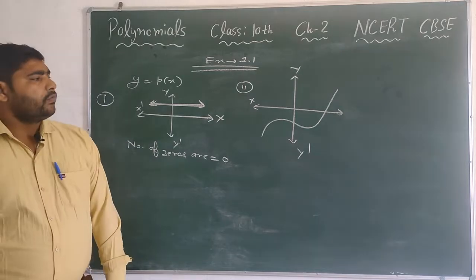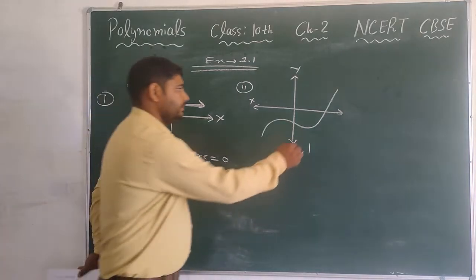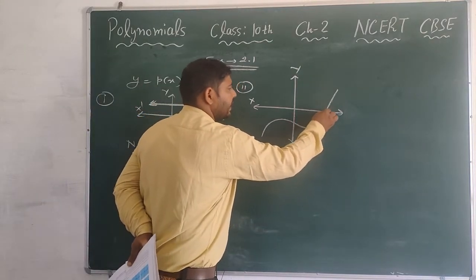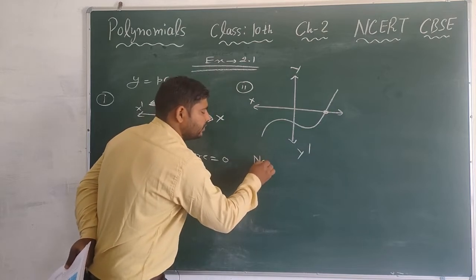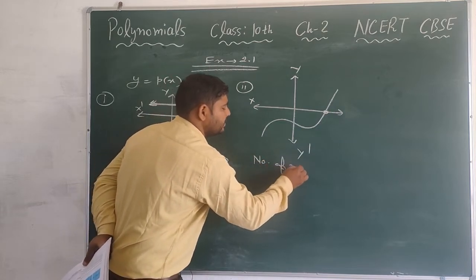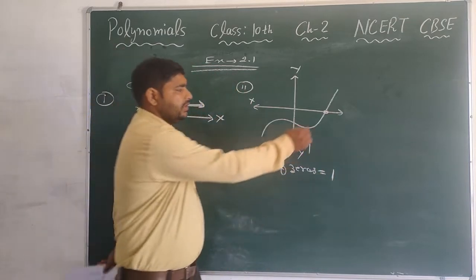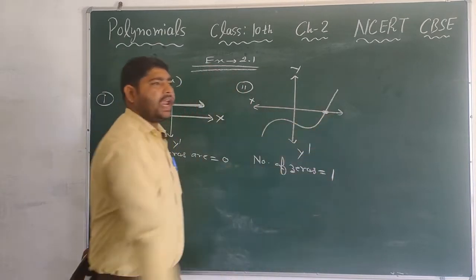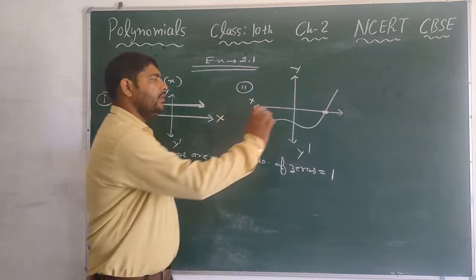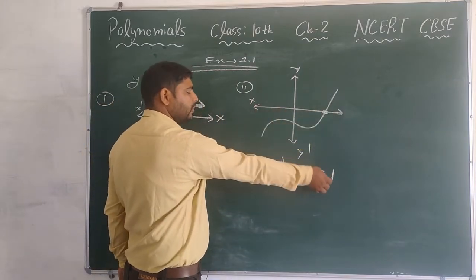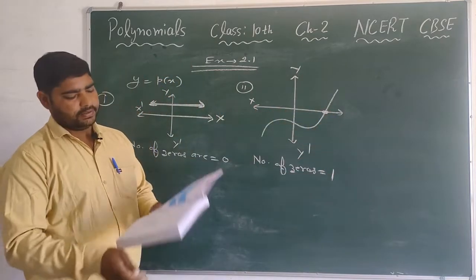There is one zero, that is, number of zeros equal to 1, because the graph intersects the x-axis only one time.